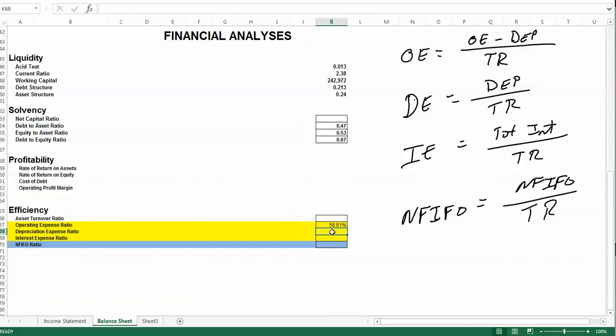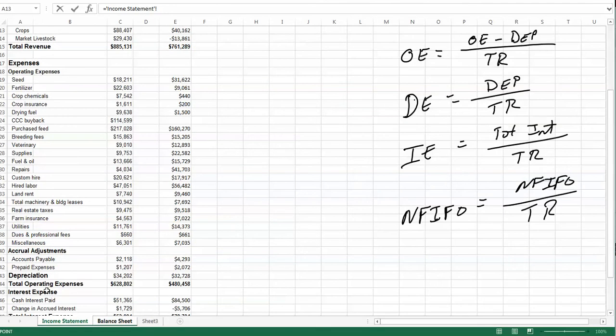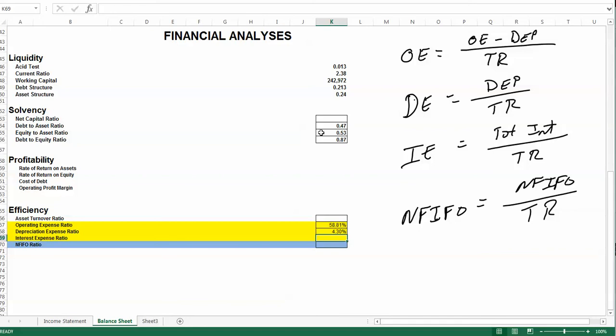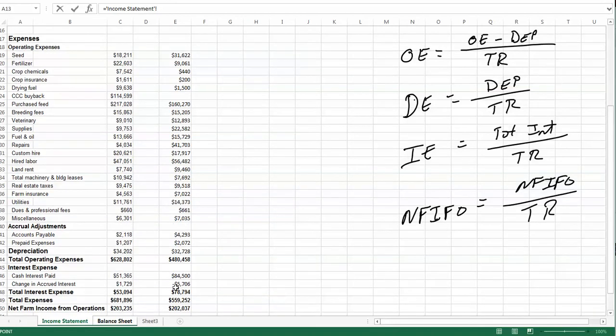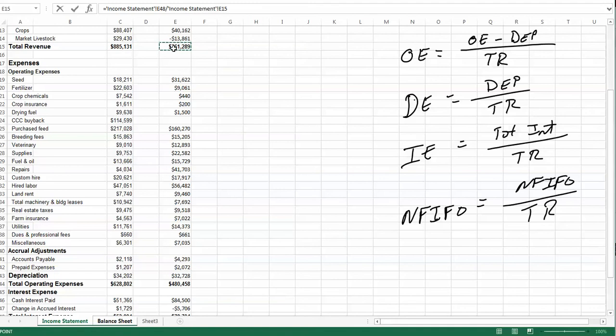Okay, so to do the depreciation ratio, I'll type equals. Now I'll go to the income statement. I'll find depreciation and divide it by total revenue. Hit enter. Then for the interest expense ratio, I'll go equals and go to the income statement. Find total interest, which is right here. Divide that number by total revenue.